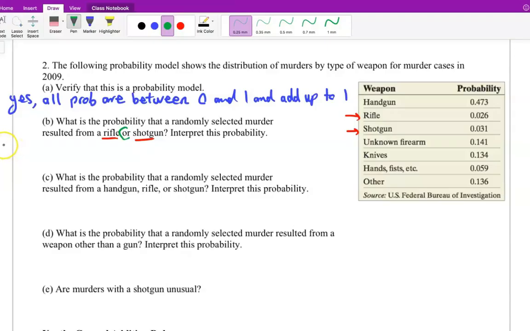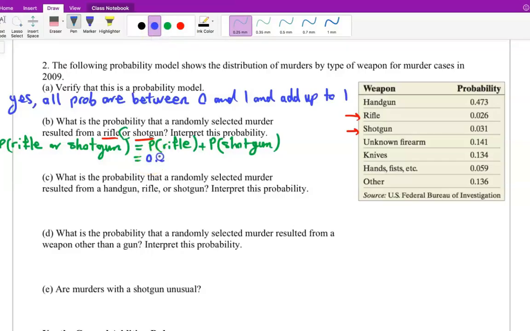So we have probability of rifle or shotgun, that is equal to: for rifle we have 0.026, and for this part 0.031. So add these, and the answer is 0.057.